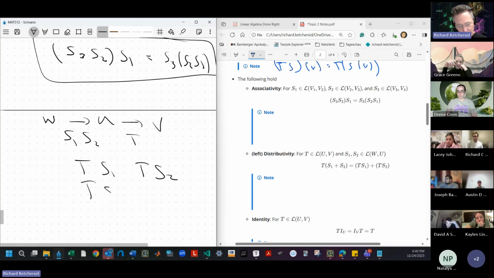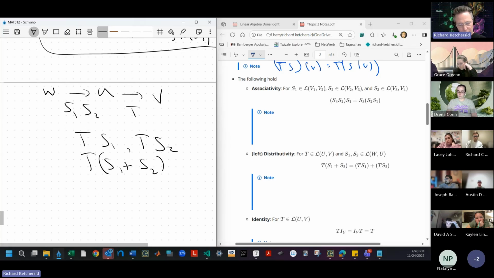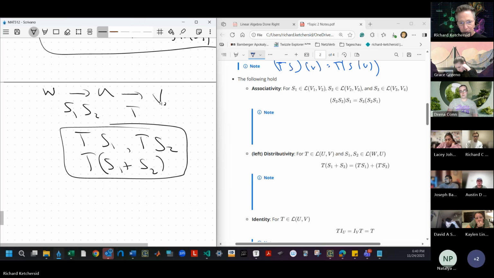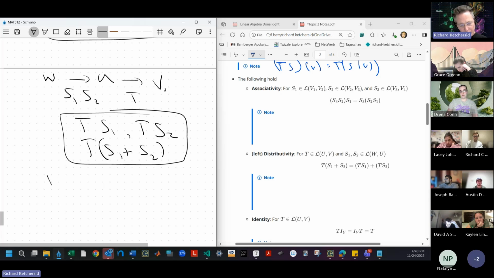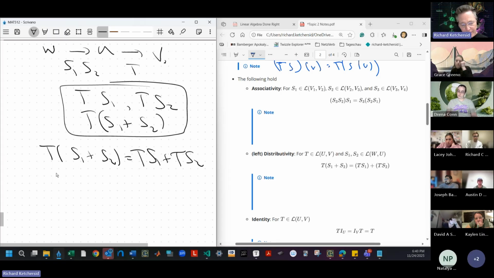And T of S1 plus S2, all those 3 symbols make sense. They're all going from W to V, and you get this kind of distributivity.